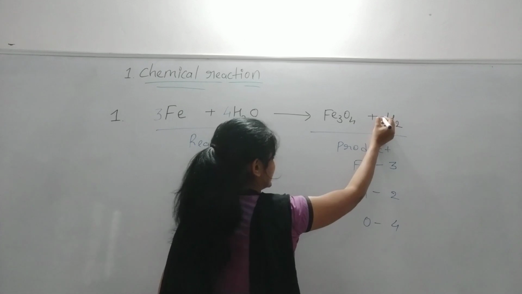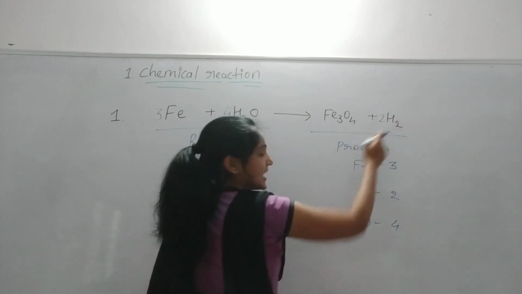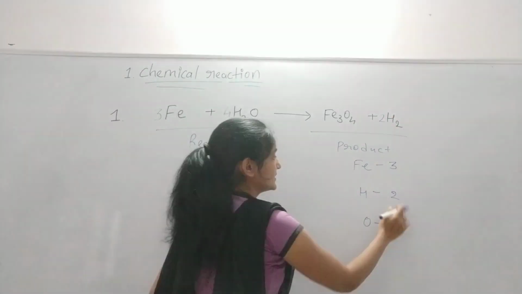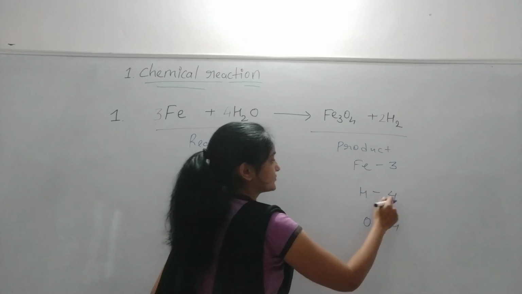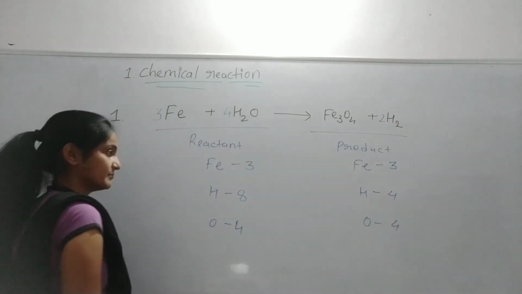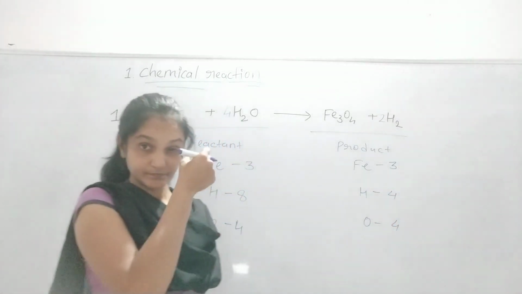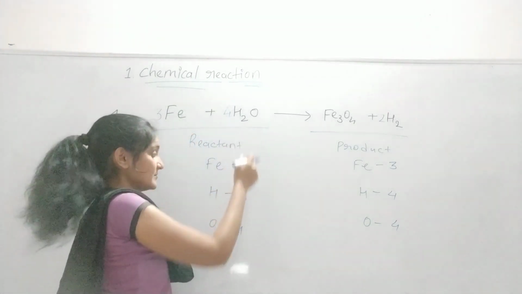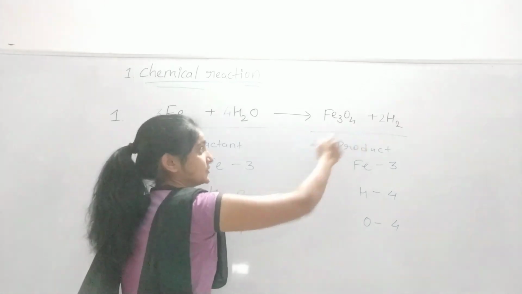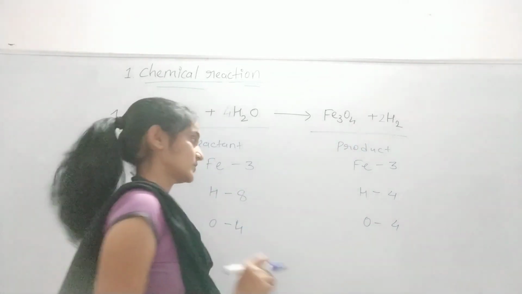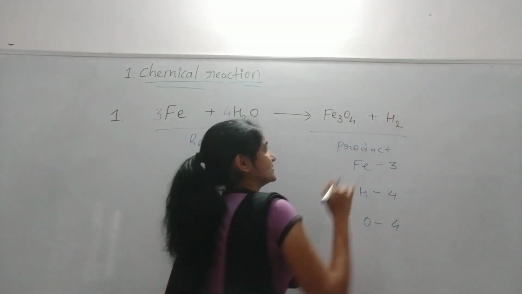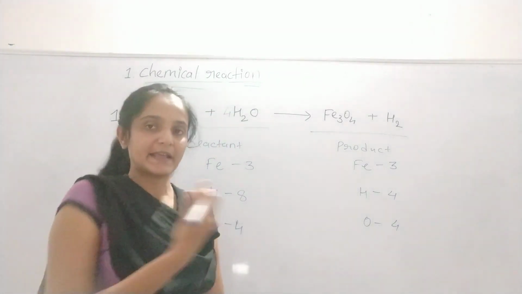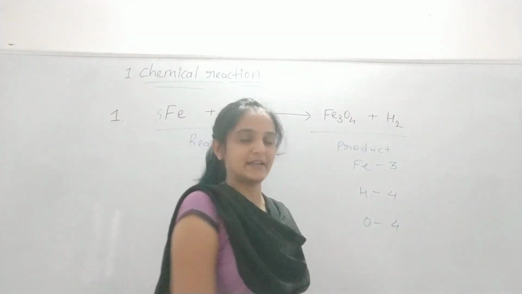If I put here 2, then 2 2s are 4. So here the number of hydrogen atoms also becomes 4, right? But in the reactant the number of hydrogen atoms is 8, and here if I put 2, it is 4, right?